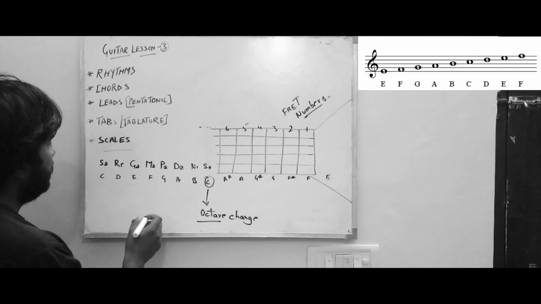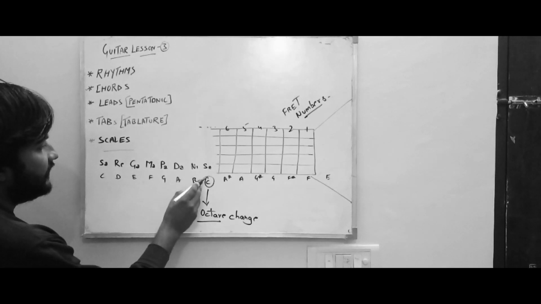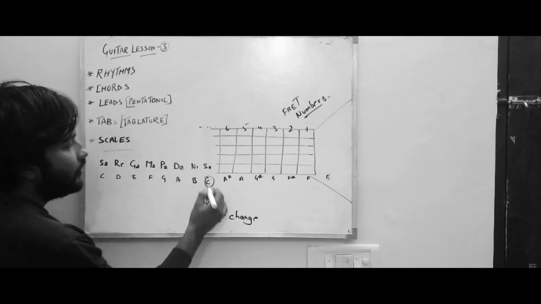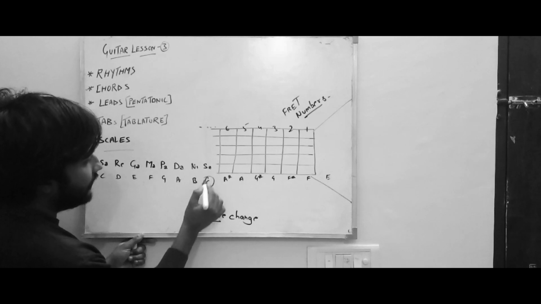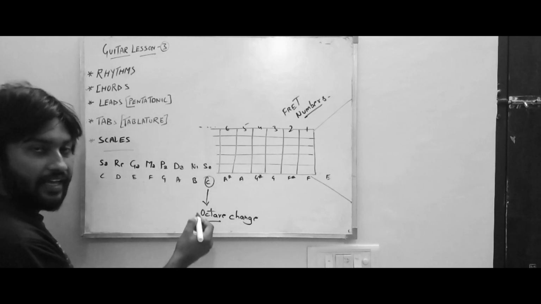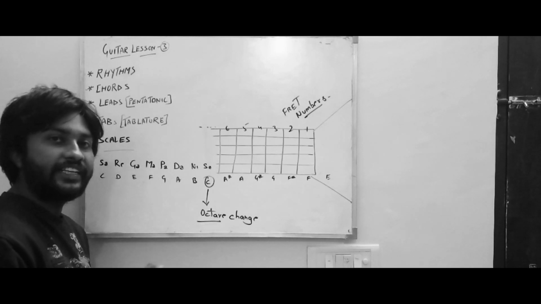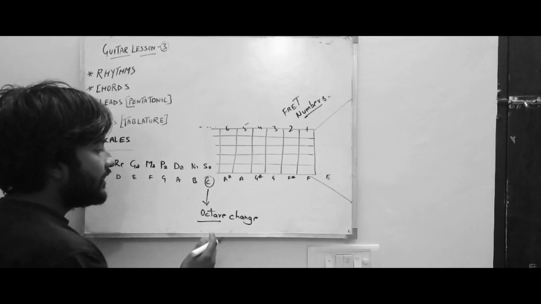You can count sa re ga ma pa dha ni sa. Sa is repeated twice. When you hear sa again a second time, that means an octave change. That's a level of the ladder, on another string.